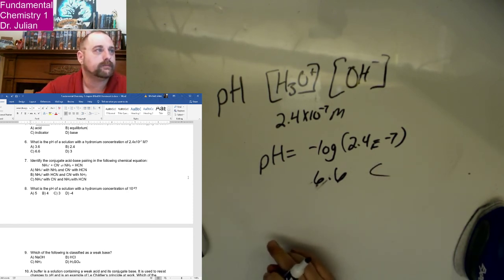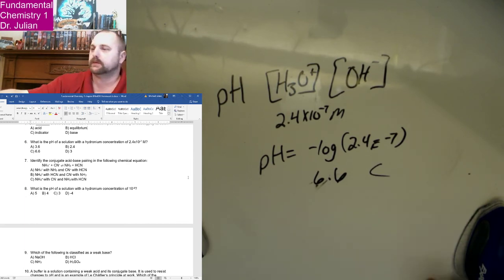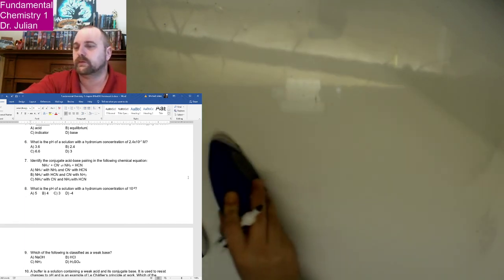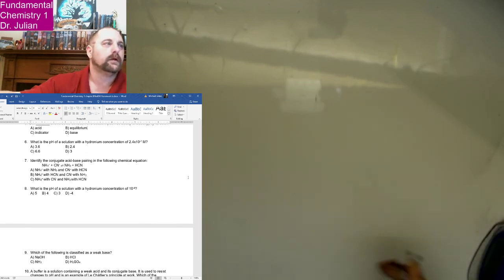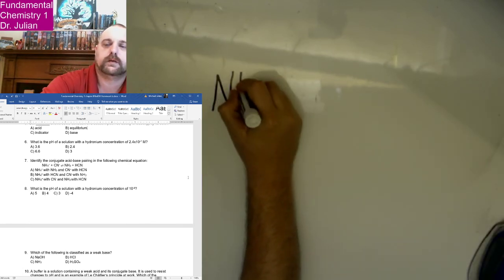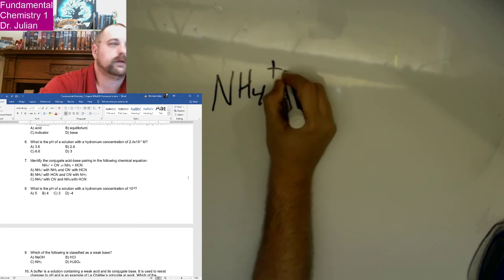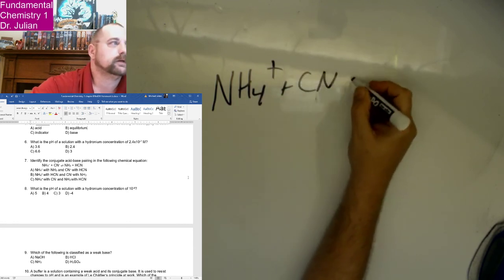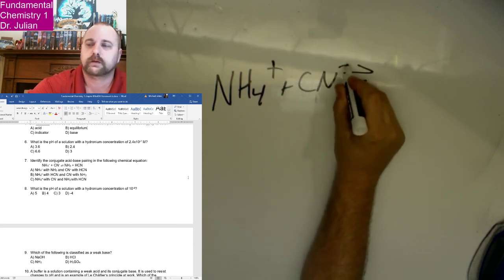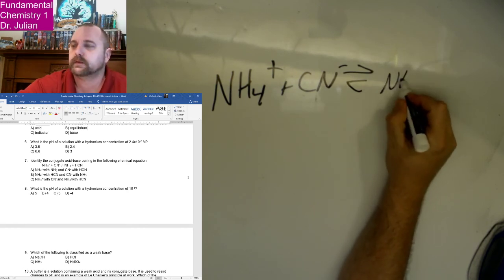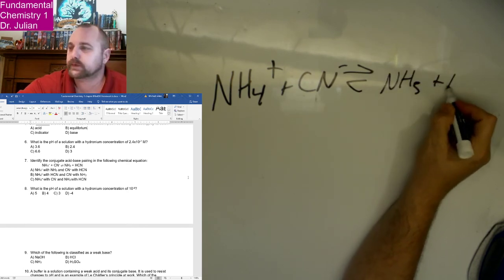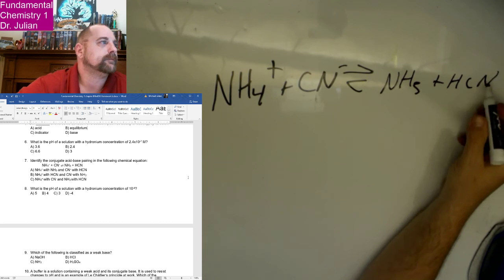Now, the acid-base pairing in the following chemical reaction. So let's write this. There's a bunch of stuff going on in this one. NH4 plus CN, and we're going to go to NH3 plus HCN.